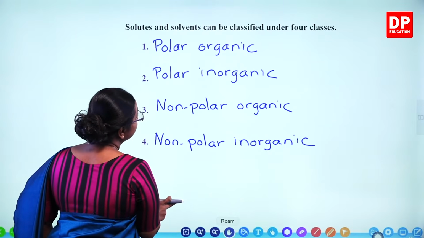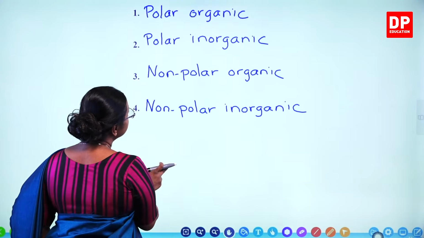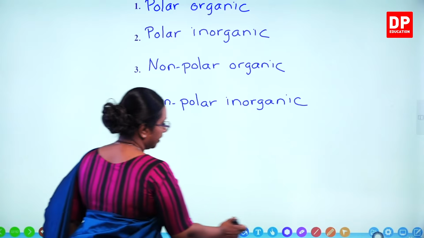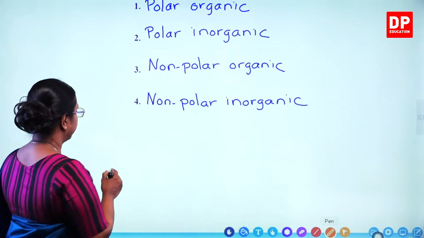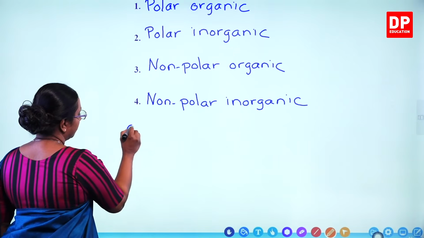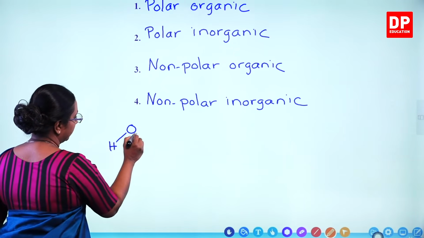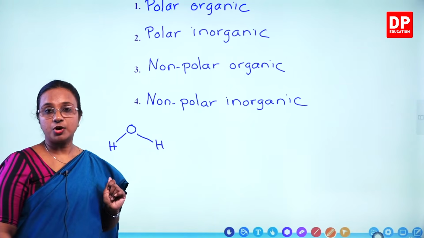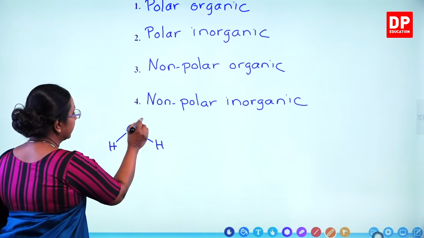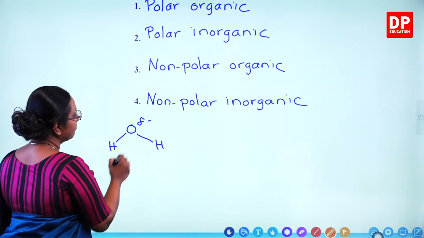If we look at examples for these types, now we will take water, H2O. This is the structure of water that you all know, and there is a negative sign there. What is this?